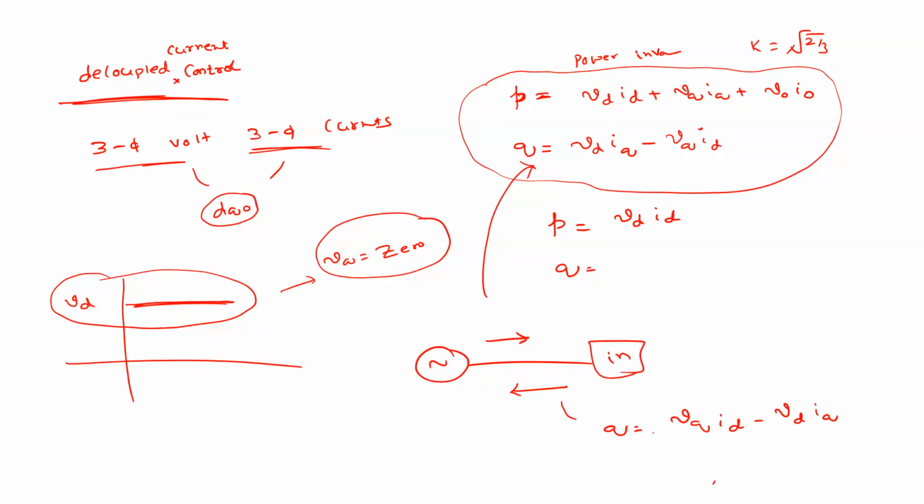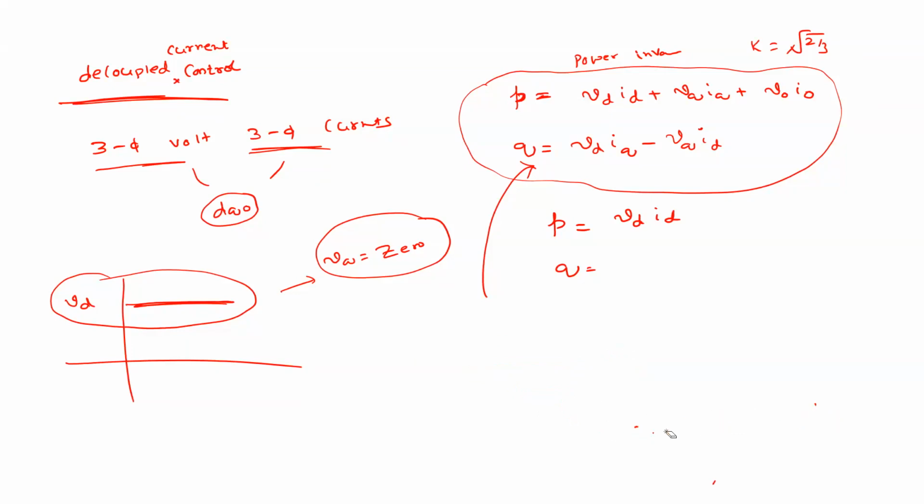So power is flowing from the grid to the inverter, which is why P is VD into ID and Q is VD into IQ.